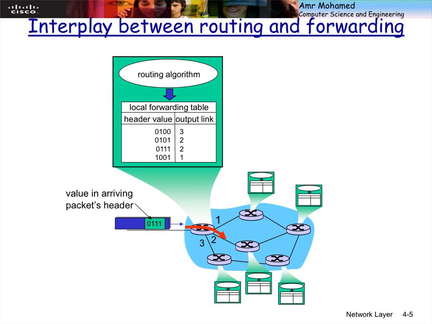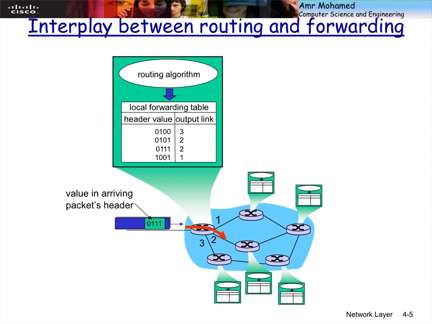So the routing algorithms or routing protocols are being used to fill that table, which we refer to as the routing table. However, it's actually being used for local packet forwarding. The routing protocols plan the path end to end between all the hosts in the internet, or all the networks to all the networks.